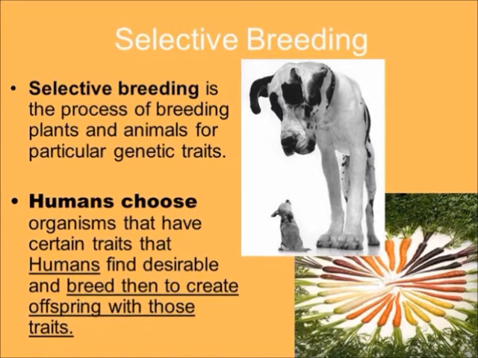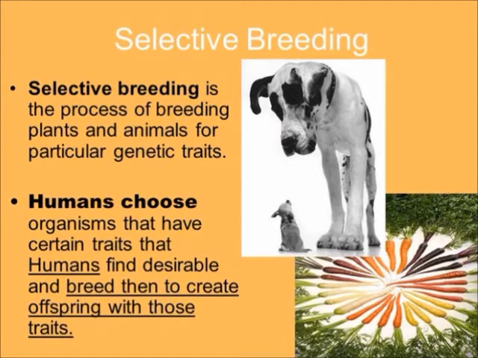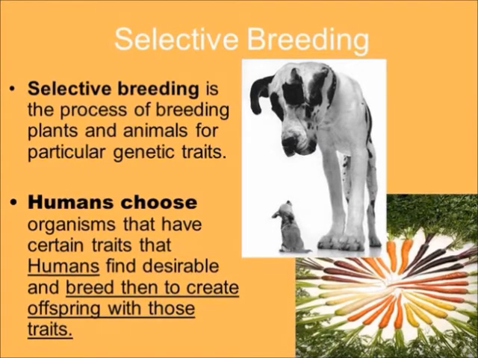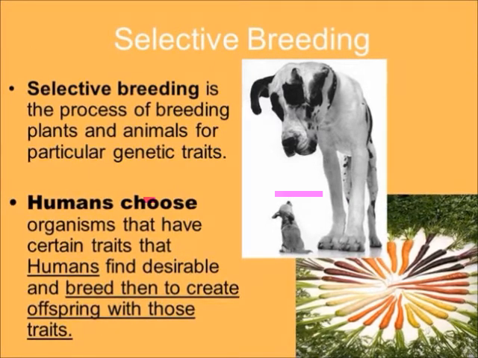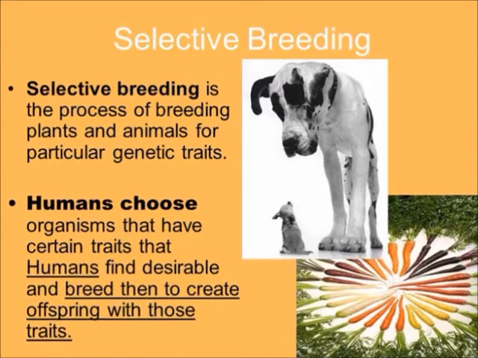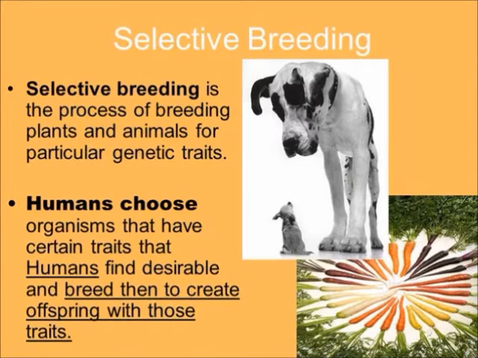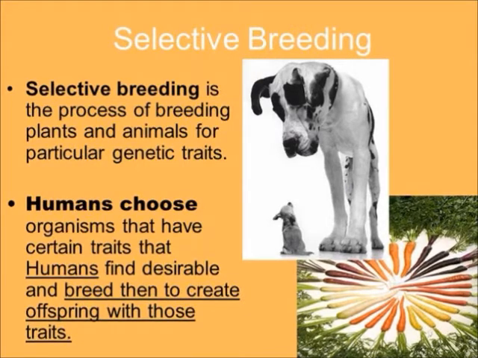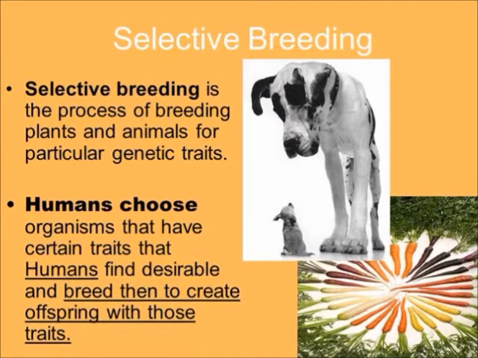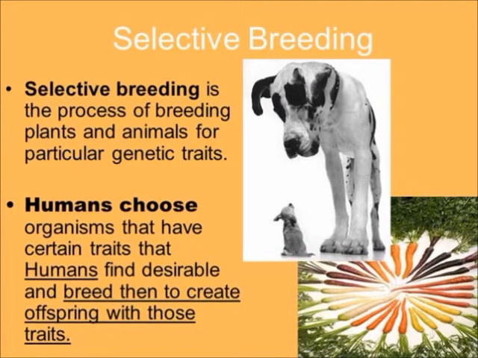So the big difference is humans choose the traits that we as humans find desirable, and that's selective breeding. Oh, and by the way, it may not particularly make that plant or animal survive very well back in the wild. In fact, most of the times it won't survive very well.